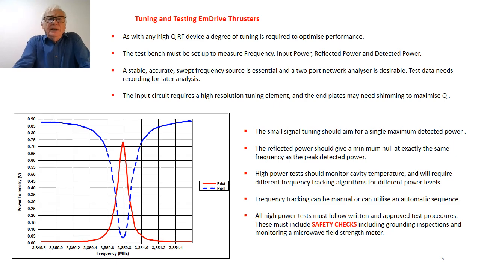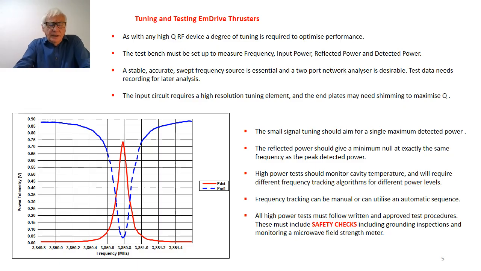Now, we've said the cavity needs tuning, and the input circuit itself requires a high-resolution tuning element. And the cavity may need to be tuned by shimming the end plates such that the alignment of these end plates is accurate, and this enables you to achieve a maximum Q value.